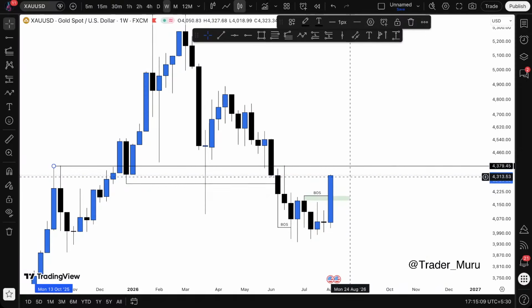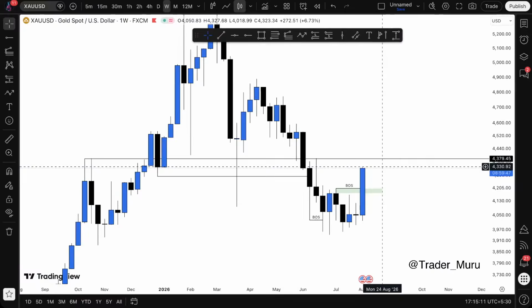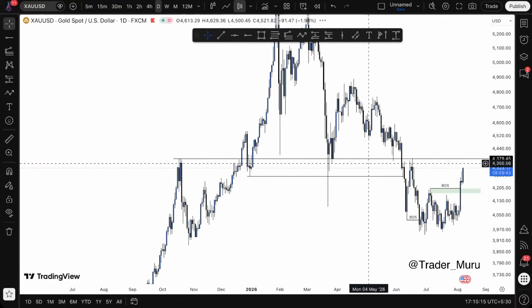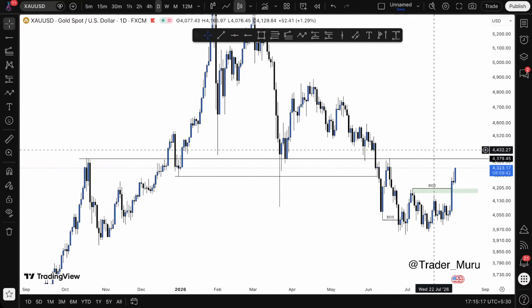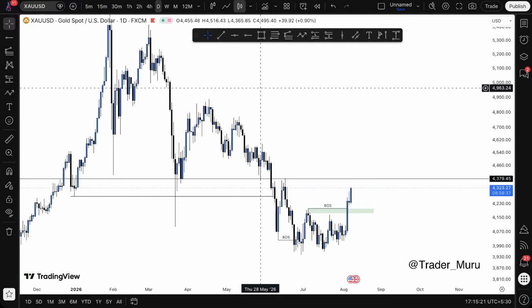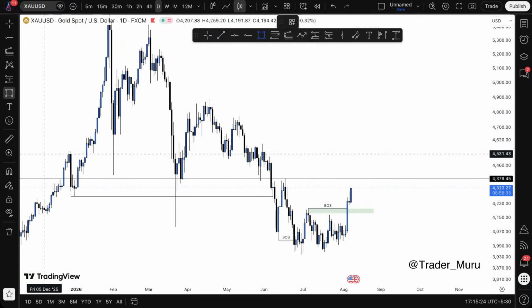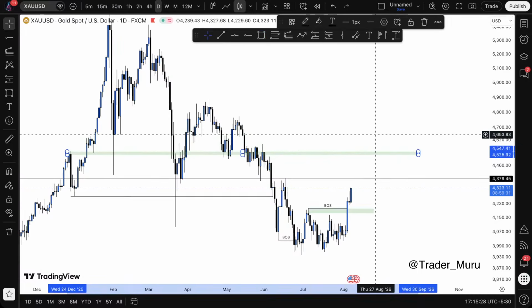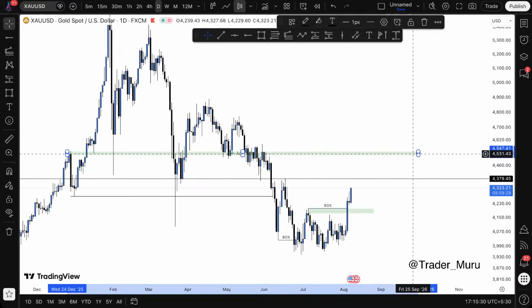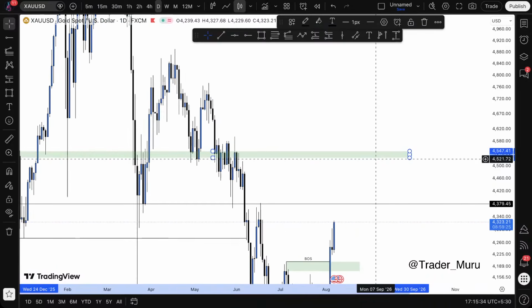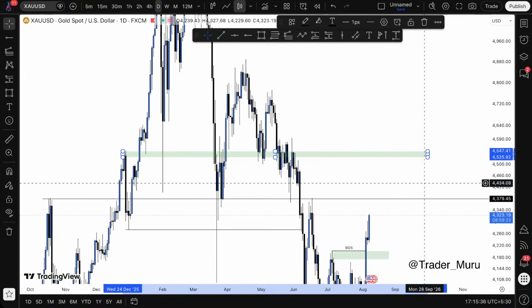From here price can again drop. Below this, price is still bearish. We need daily 2 candle closing above this area to be bullish again, and the first target will be this area, 4525 to 4547.